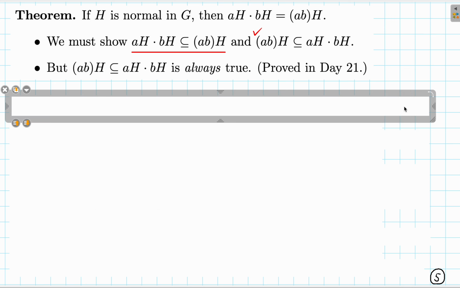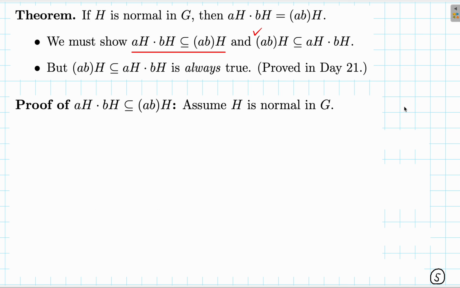Here's the proof of the first set inclusion. We'll begin by assuming the hypothesis, namely that H is normal in G. Now, in order to show this set inclusion, we need to start with an element of AH times BH and show that that element is in ABH. So let's go ahead and do that.